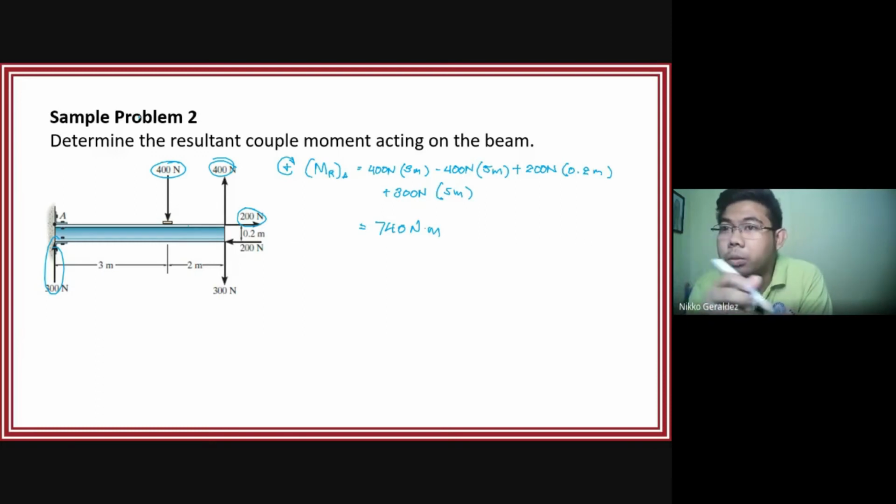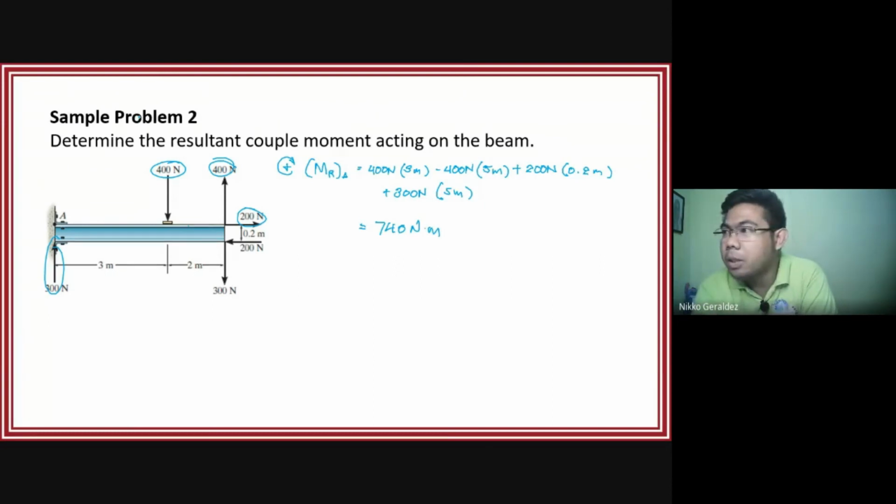So, yung resultant couple moment, mag-a-act siya anywhere on the system or doon sa object natin. Resultant couple moment is a free vector. Pwede kang pumili ng arbitrary points, anywhere. So, kung pwede kang pumili, pili ka ng point kung saan maraming forces na nag-a-act.